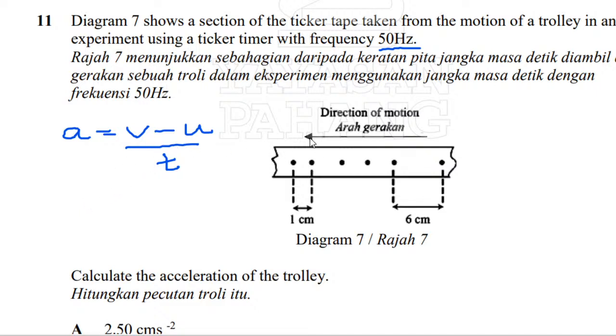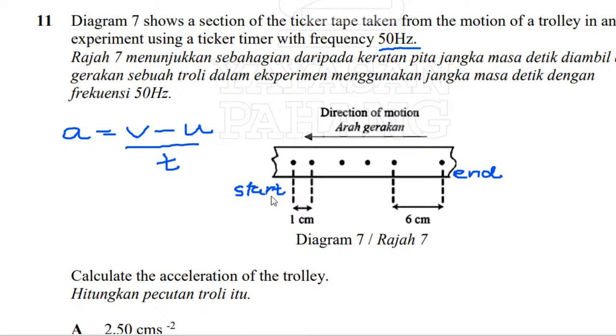Since the direction is like this, here will be the first dot, and this will be the last dot. So this side will be the start. Can put here start, and then here will be the end.